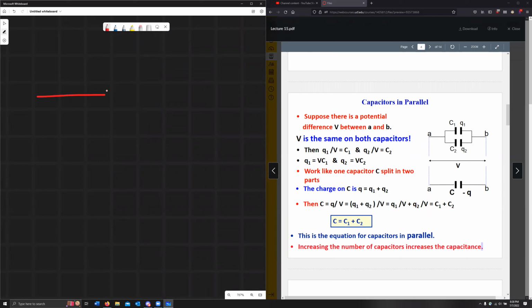If you have a thing here like this, and then you have A, or well, actually, that's a bit messed up here. This is supposed to go like that. This is capacitor 1, that's capacitor 2. V is the same on both capacitors.